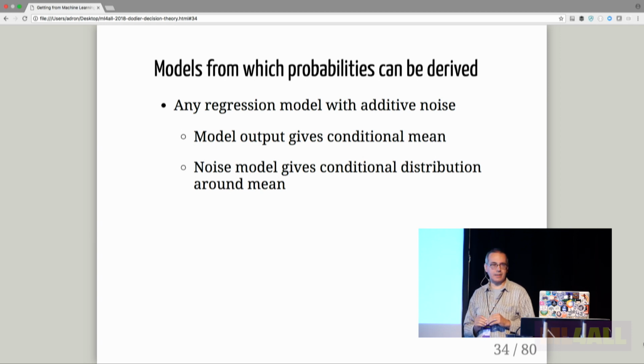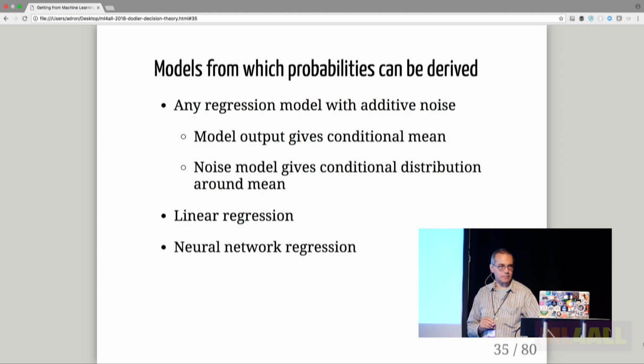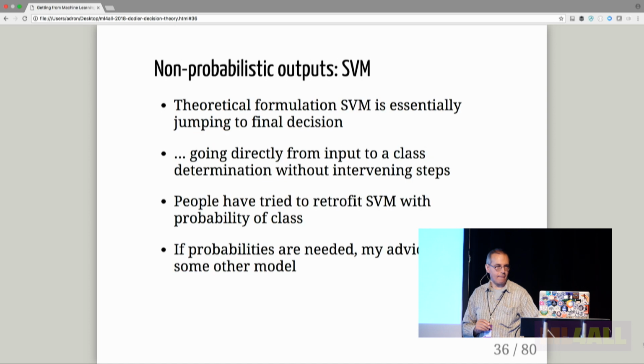So models of that kind can easily be arranged to give probabilities. Examples of these are linear regression and neural network regression models.